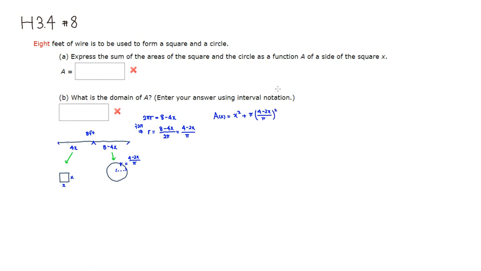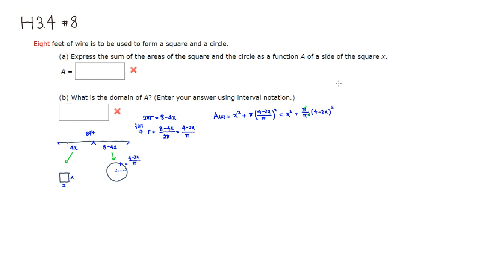squared. And we can simplify a little bit here. The x squared looks okay. Then you have a pi on top, but pi squared on the bottom, so we can cancel the pi on top with one of the pi's, leaving one pi on the bottom, over just 4 minus 2x squared.